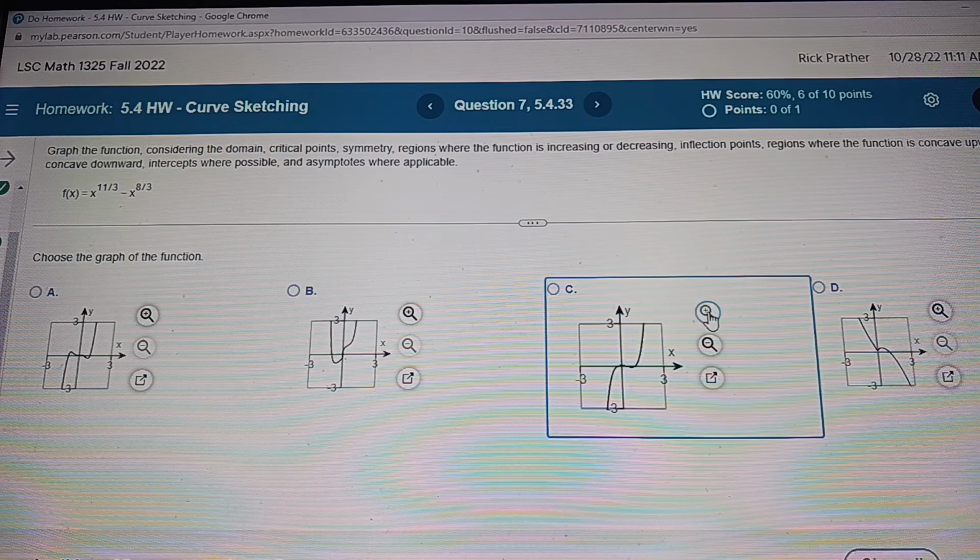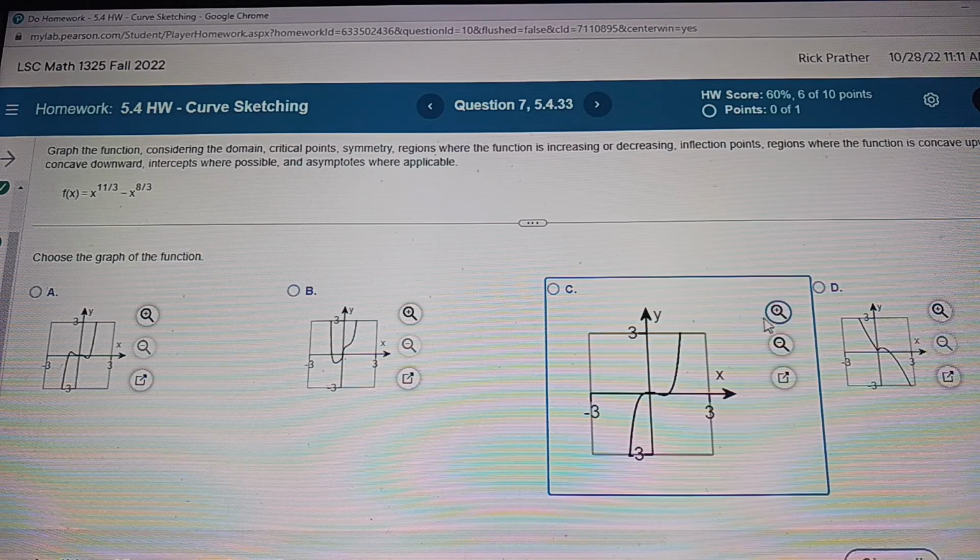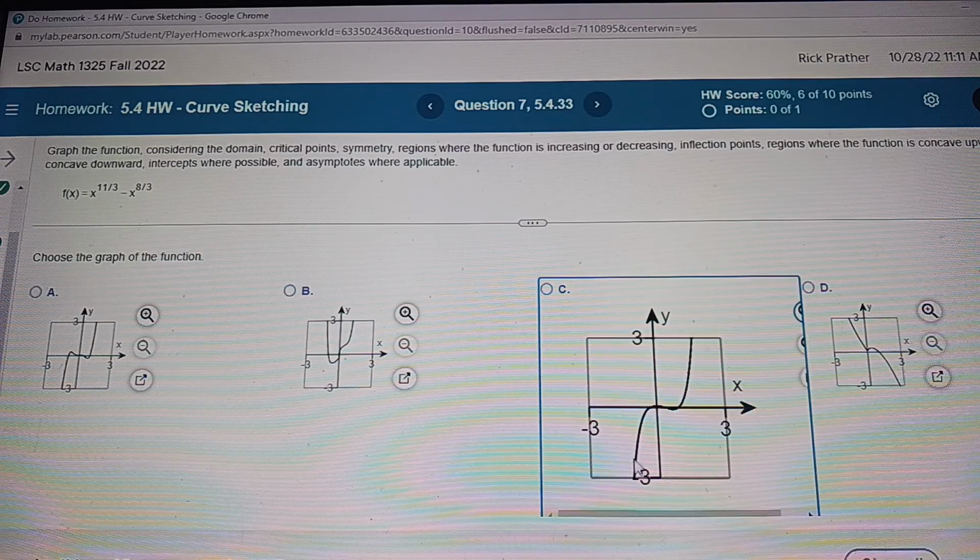So it must be graph C, which kind of looks like an x to the third graph. It increases till you get to 0, then it decreases till you get to 8/11, and then it increases forever after. And if I took the time to find the second derivative, I could figure out that it's probably concave down a little bit past 0, and then it'd be concave up after that.